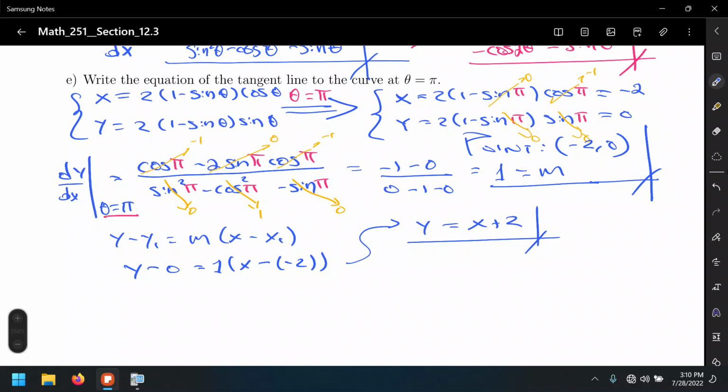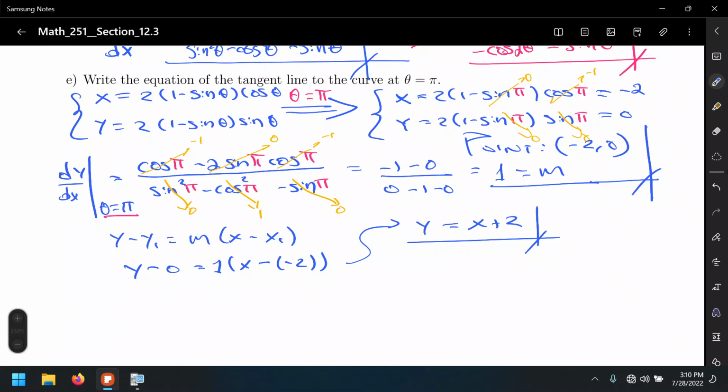Because something to keep in mind, we already plotted the cardioid, but we used the polar form. But this equation y equals x plus 2 is not in polar form, it's in Cartesian form. So we cannot plot one equation in one system in the calculator and then another one in the other system. So we would have to switch between modes.